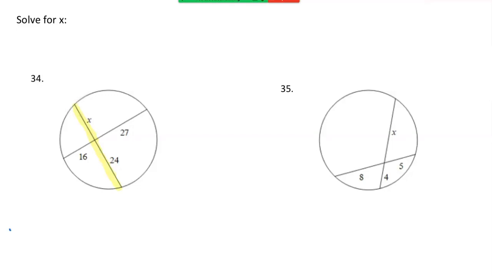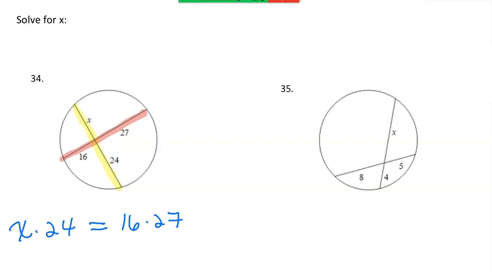So that's going to be x times 24 will always equal the two numbers that make up this other segment. So that's going to equal 16 times 27. So you would say 16 times 27.